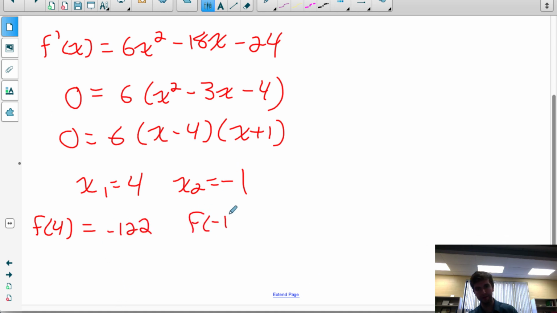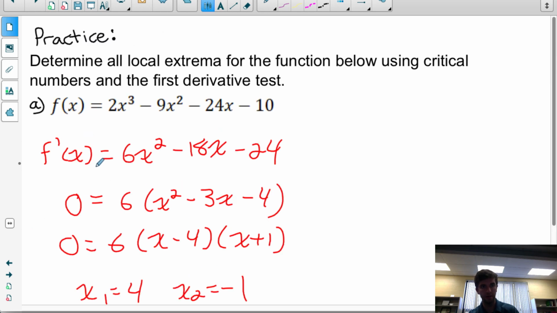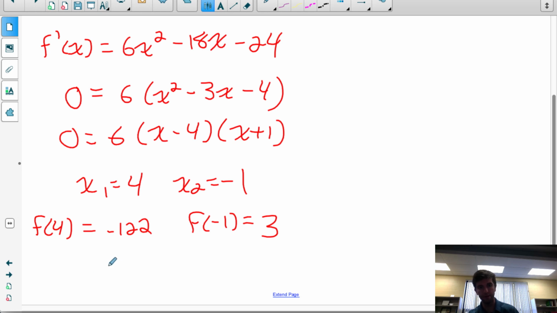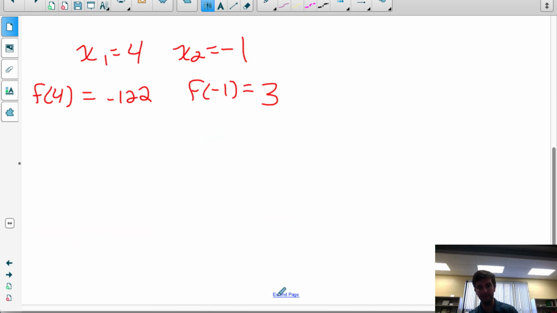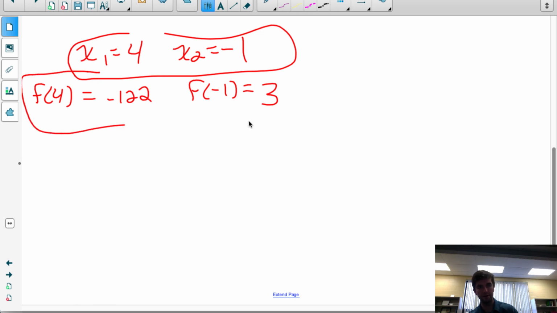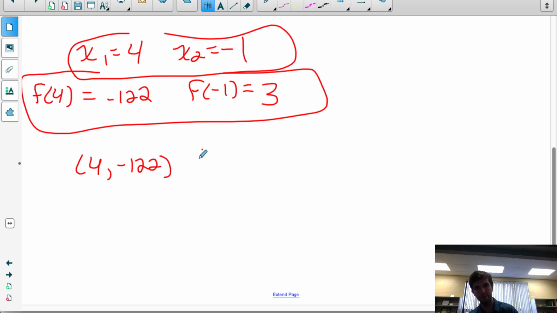And if I plugged negative 1 in, I would get 3. So what I have are two critical points. So these are the critical numbers. These are the critical points, right? 4, negative 122, and negative 1, 3 are critical points. At those 2 points on the original function, there is a horizontal tangent.